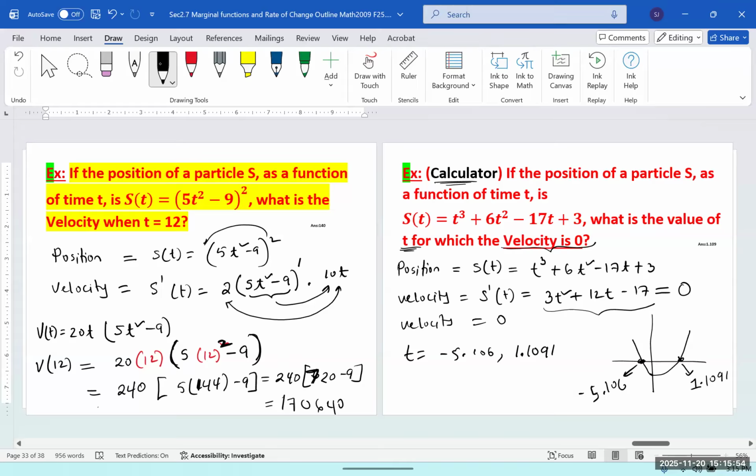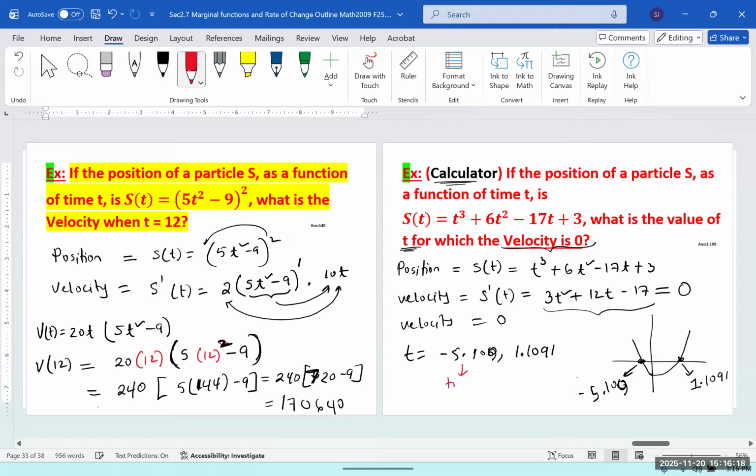Do you accept both solutions? Only positive. Why?